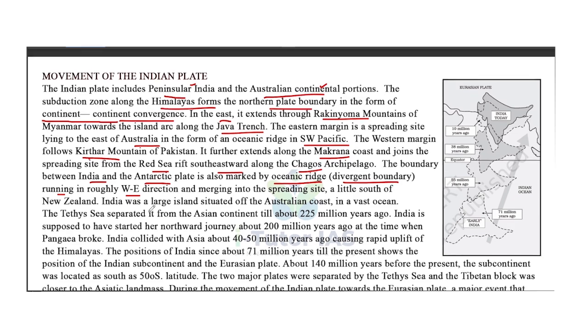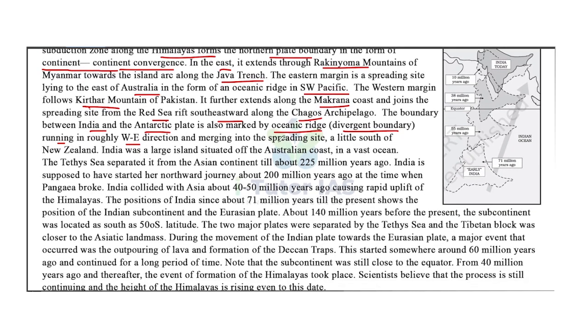India was a large island situated off the Australian coast in the vast ocean. The Tethys Sea separated it from the Asian continent till about 225 million years ago. India is supposed to have started its northward journey about 200 million years ago at the time when Pangaea broke. India collided with Asia about 40-50 million years ago, causing a rapid uplift of the Himalayas.